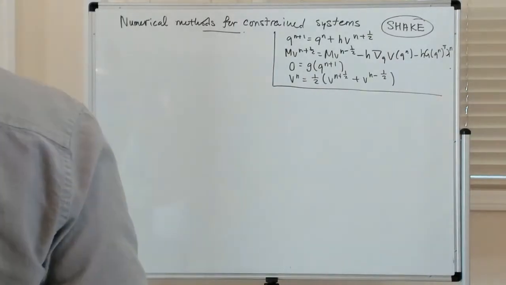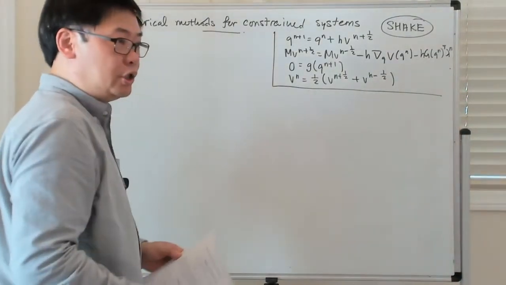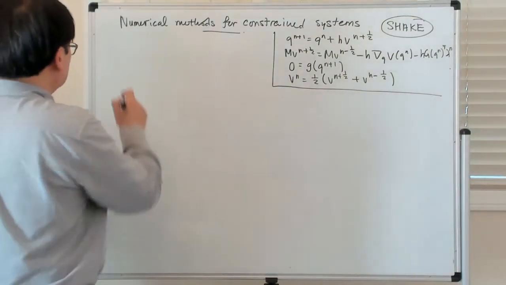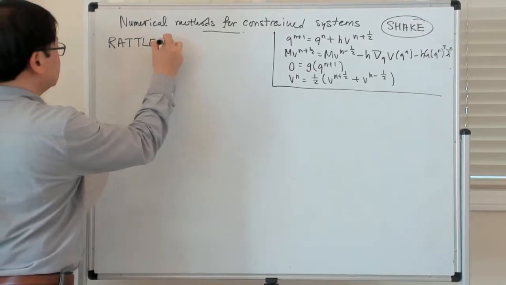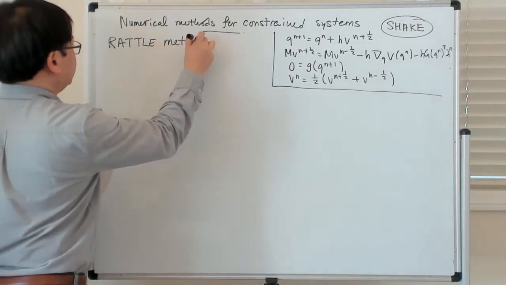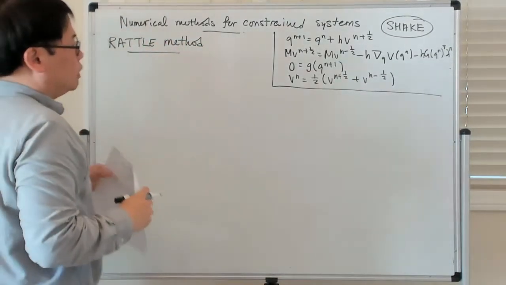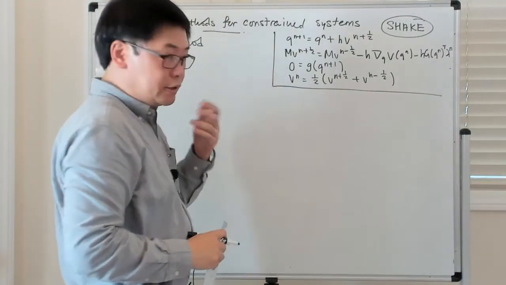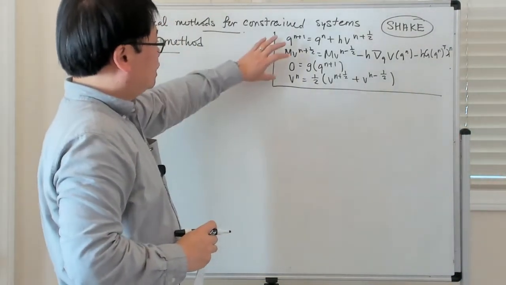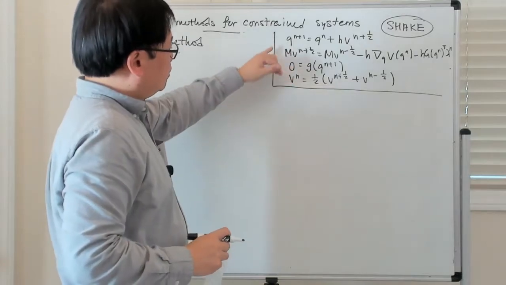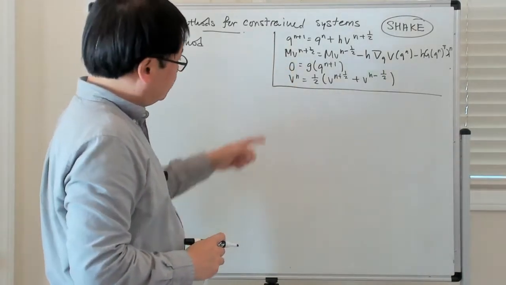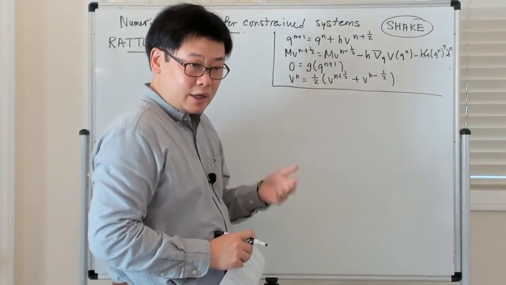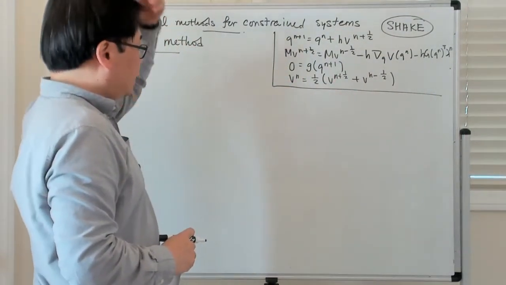Okay, so now we're going to consider a method which is related to SHAKE, known as the RATTLE method. If you recall, the reason why one wishes to consider an alternative to SHAKE is that the SHAKE method results in positions which stay on the constrained manifold, but the velocities may not be in the tangent space to that constrained manifold.